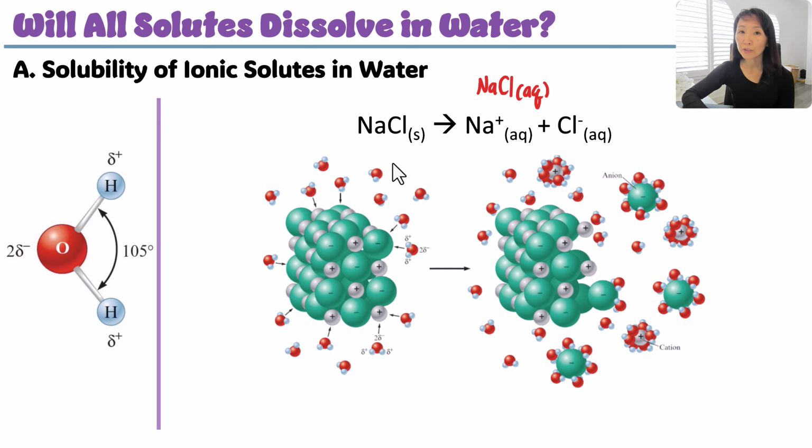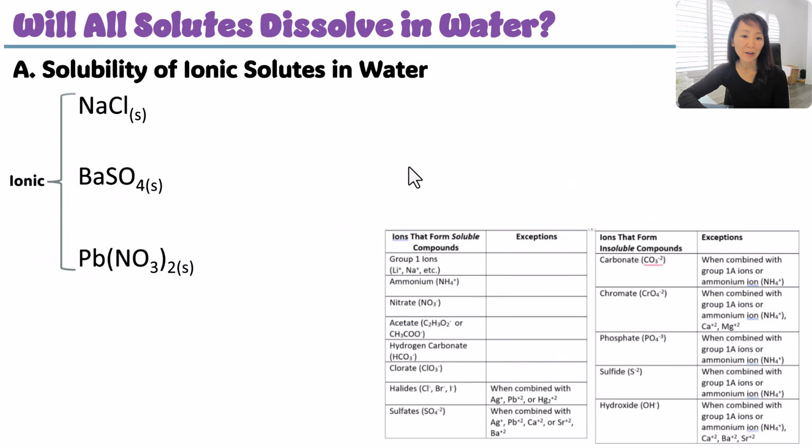But will all solids dissolve in water? Let's find out. These are all ionic substances: sodium chloride, barium sulfate, lead nitrate. Now, all of these 3 are in solid form, S. So if I were to introduce water, the question is, will they form into an aqueous form?